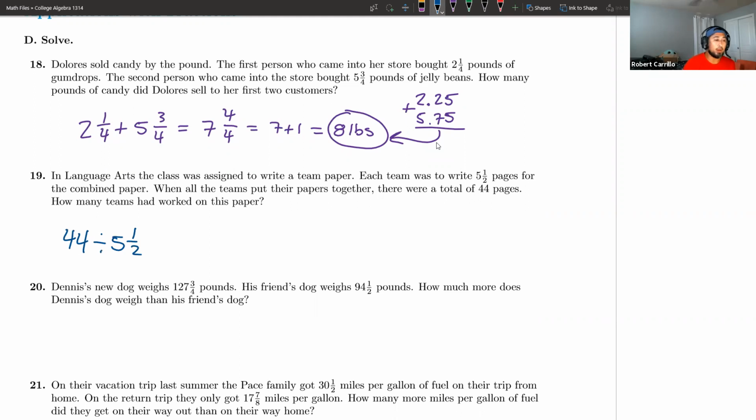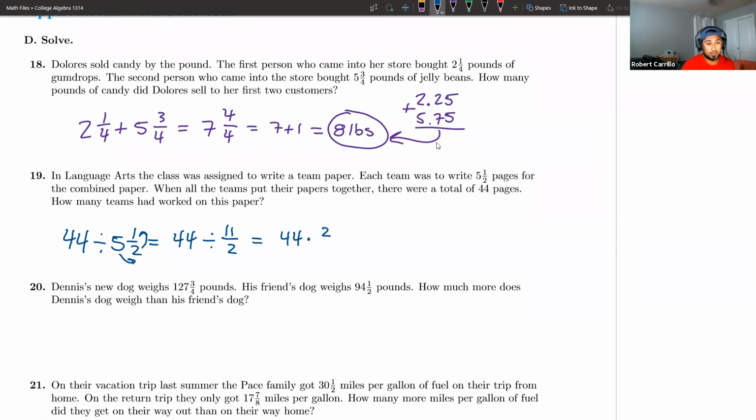Okay, but now we know if we do this operation, we have to change this into an improper fraction. So using that fraction trick, you would get 5 times 2 is 10. 10 plus 1 is 11. You would get 44 divided by 11 halves. And then you would flip, or multiply by the reciprocal of that fraction.